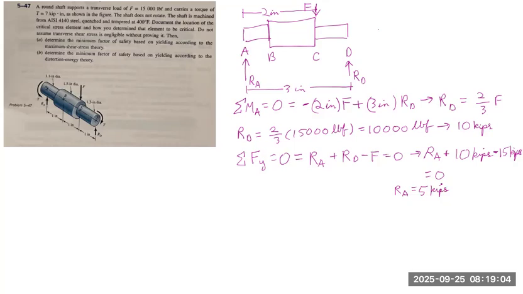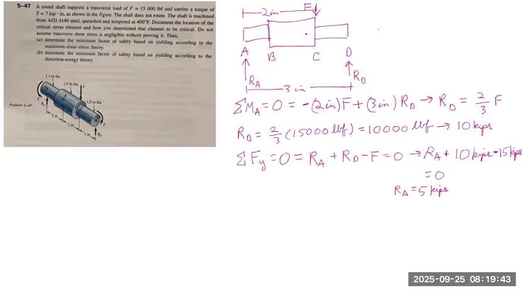So using these reaction forces RA and RD, we can now draw our shear force and bending moment diagrams, as we will do in the next section. Note that the sections of interest are all the sections where we have any kind of discontinuity, such as an external load in the form of force, moment, or torque, or any sudden changes in geometry, such as at sections B and C, where one shaft is joined to the other one.